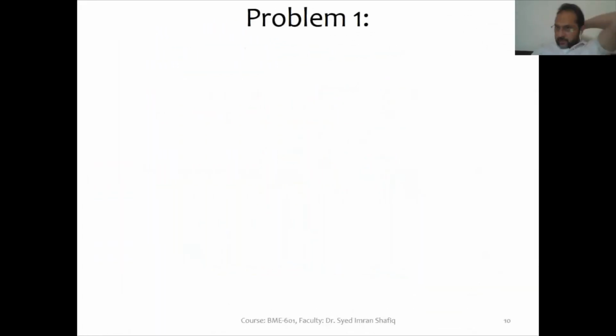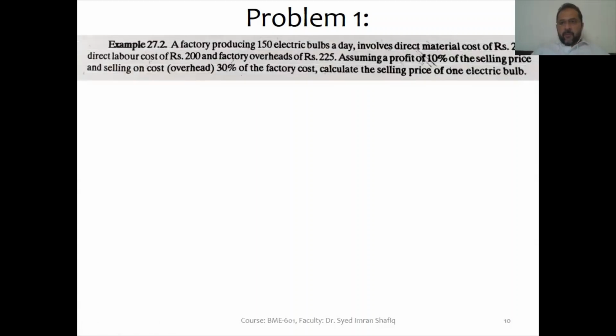Now let's discuss a few simple problems on cost so that we are able to get a clear picture. The first problem is: a factory producing 150 electric bulbs a day involves direct material cost of rupees 250, direct labor cost of rupees 200, and factory overheads of rupees 225.